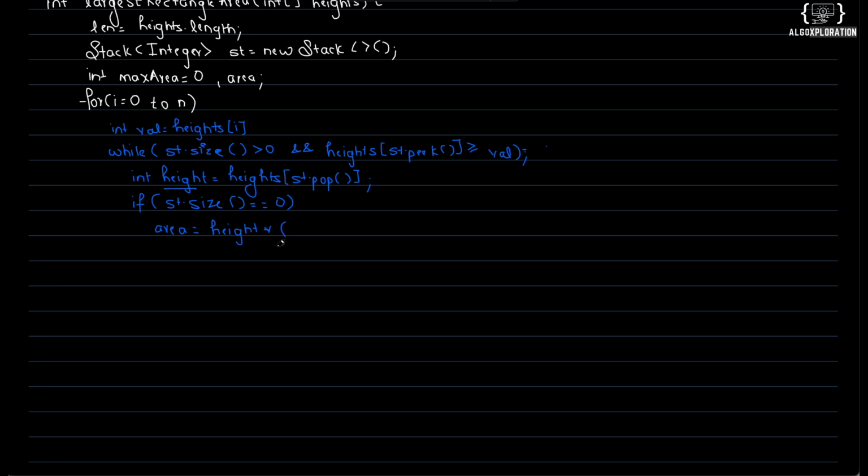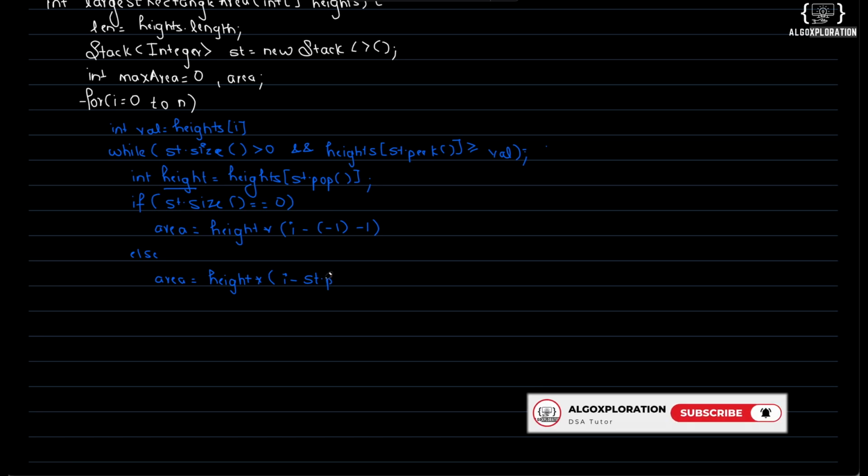Where I'm pointing right now, which is i minus P1, right? But over here the stack is empty, so I'll write i minus -1. Okay. Otherwise, if the stack is not empty, then the area will be height into i minus stack dot peek minus 1, because the previous smaller element is present at the index of stack dot peek.